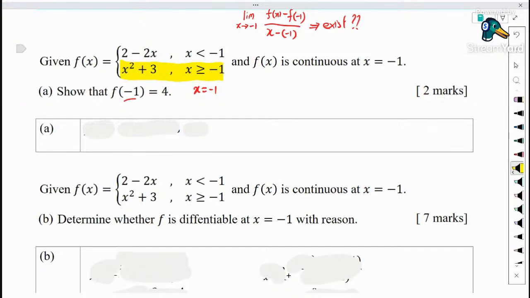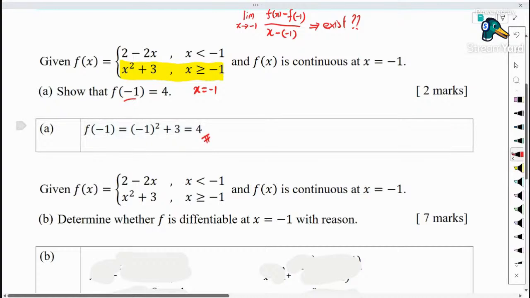As you see, x equals -1 is in the second function. So we just need to substitute x equals -1 into the second function to get f(-1). As a result, we have (-1) squared plus 3, and this result equals 4. And from here, we have easily done our proving. We have shown f(-1) equals 4.